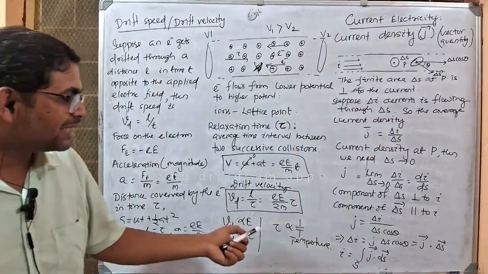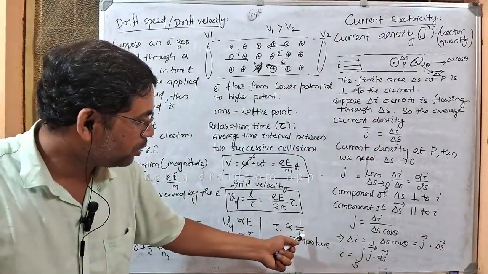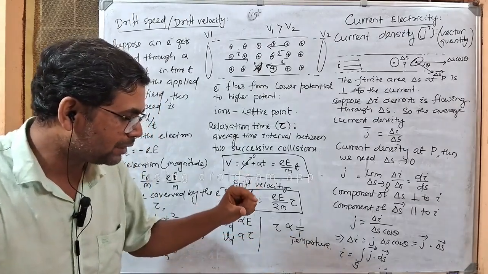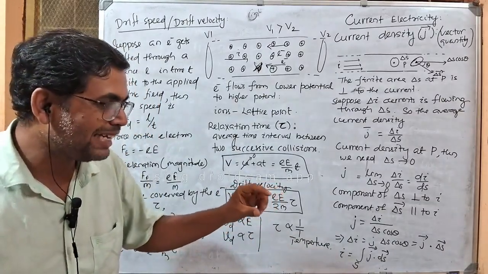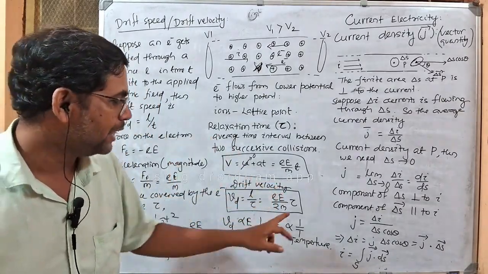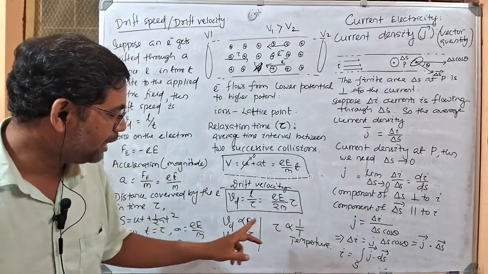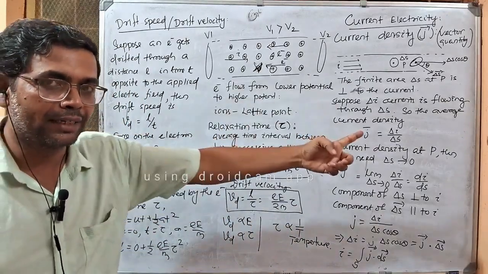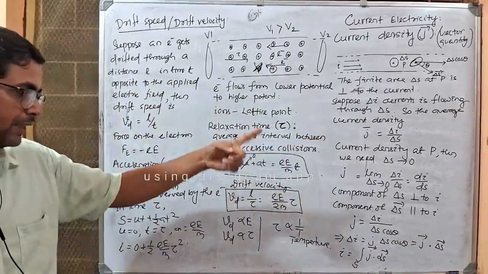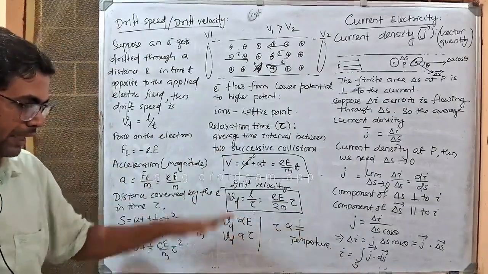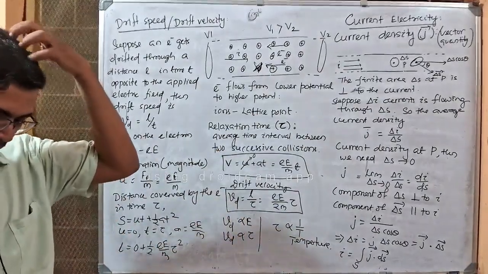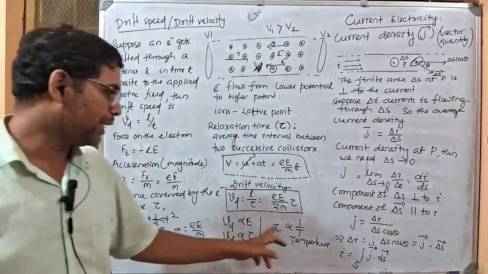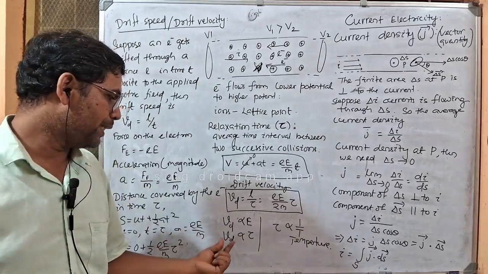So if temperature increases, more collisions happen, collision frequency will increase, which means relaxation time will decrease. If relaxation time decreases, drift speed will decrease. Finally it will affect the current. So temperature increases means drift speed decreases. So Vd does not depend directly on temperature, but we can see the temperature dependence of Vd.